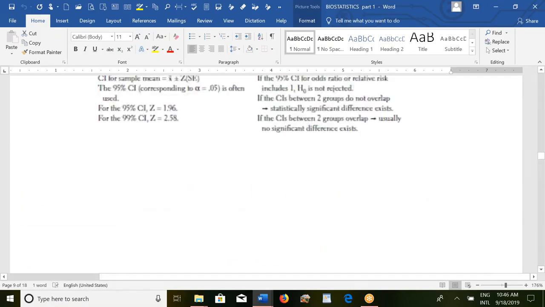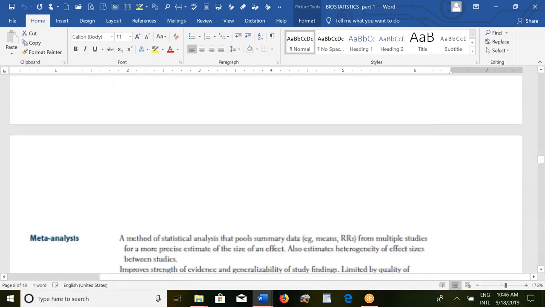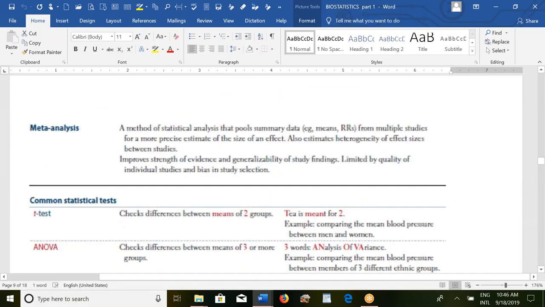Two things are always confusing students: what is a meta-analysis and what is a systematic review. A meta-analysis is a method of statistical analysis that pools summary data. They have read 10 studies and summarized them, and they collect information from multiple studies for a more precise estimate of the size of an effect, that is, if we do a certain intervention, what benefit we are going to see.